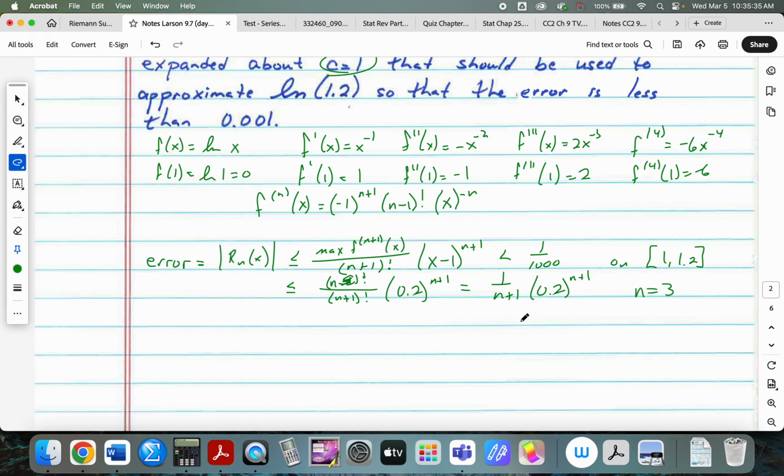That was the first one that gave us a value that would ensure the error would be less than. So we would need 3 terms. Okay.